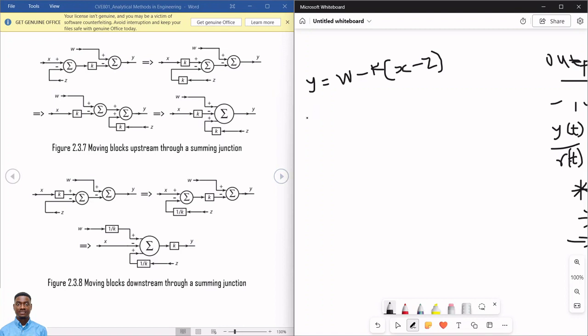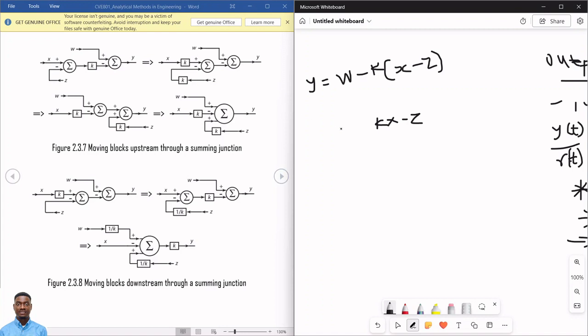That will be XK. Let's assume this K was not here. I didn't know I was to put it here. That will be XK minus Z will be the signal on this line. So I'll be having XK or KX, whichever one is convenient, minus Z, will be the signal on this line, right?